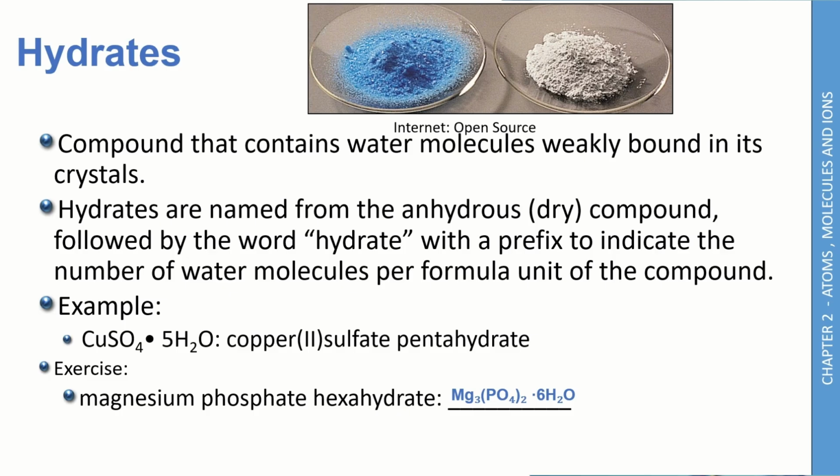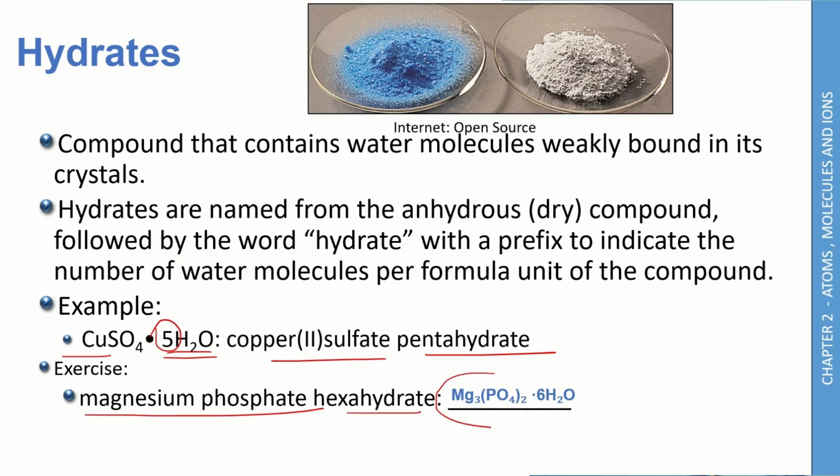That's copper sulfate pentahydrate. So the blue color that you see actually comes from the water that we have inside. Then we dry it, so we have white. So here I have 5 water molecules. So that is copper(II) sulfate pentahydrate.